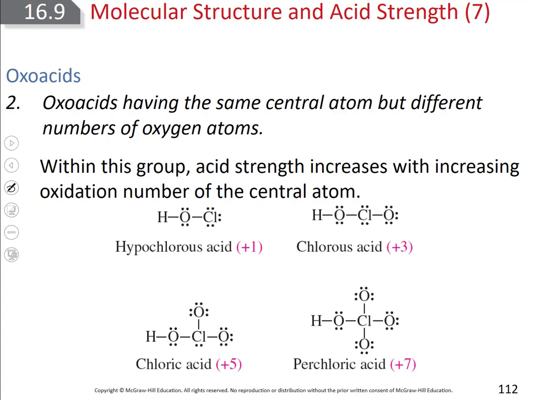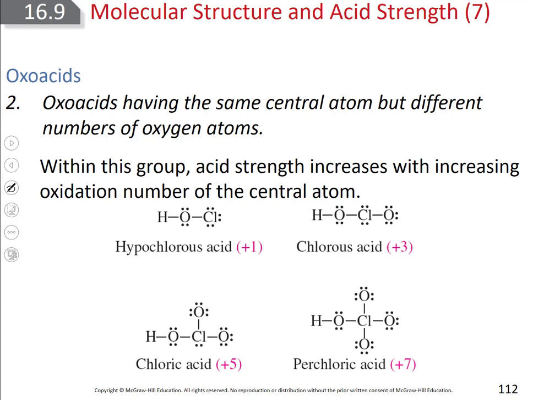So for example here, if I'm looking at hypochlorous versus chlorous versus chloric versus perchloric, perchloric has the most oxygens around its central atom. It is going to be the strongest acid in this group. Whereas hypochlorous has the fewest oxygens around its central atom. It is going to be the weakest acid in this group.